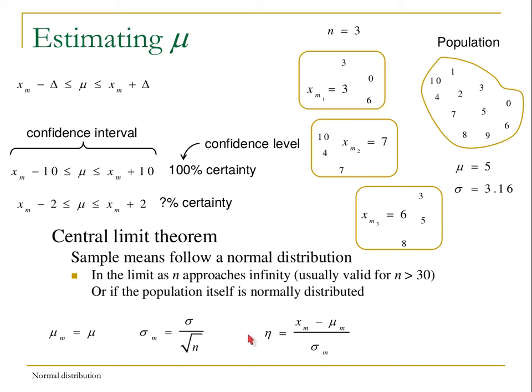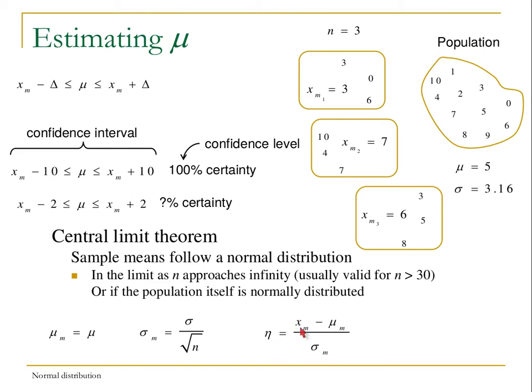And we also have a variable change, because if the sample means follow the normal distribution, then we can use the integral table to find probabilities for different population means. So we want to have this variable eta, which is defined as this ratio here.